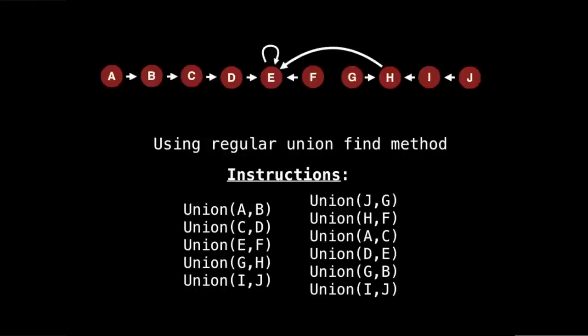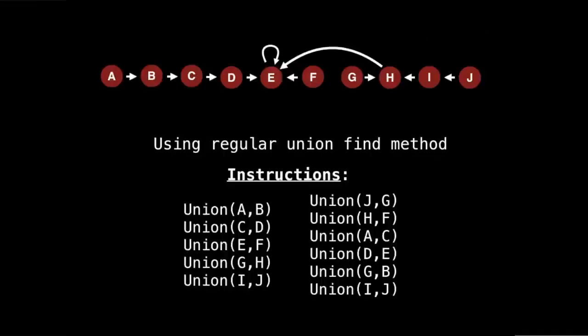And this is the final state of our union find. And note that if I'm trying to determine what groups, say, A and J are in, then I have to traverse a whole bunch of different nodes. So J goes to I goes to H goes to E.